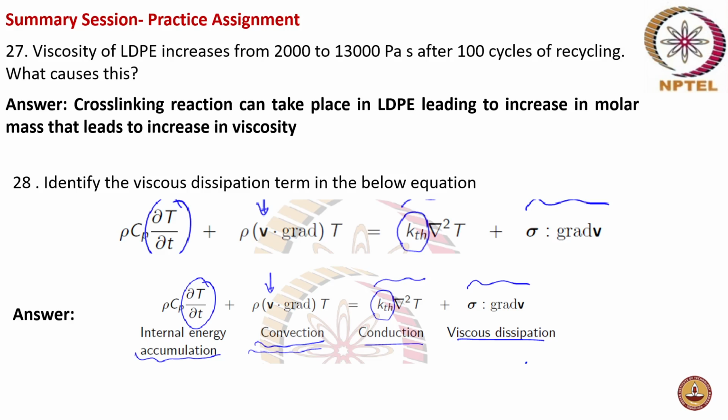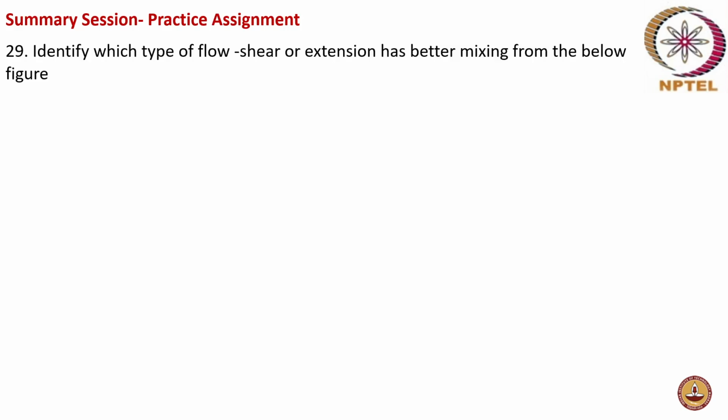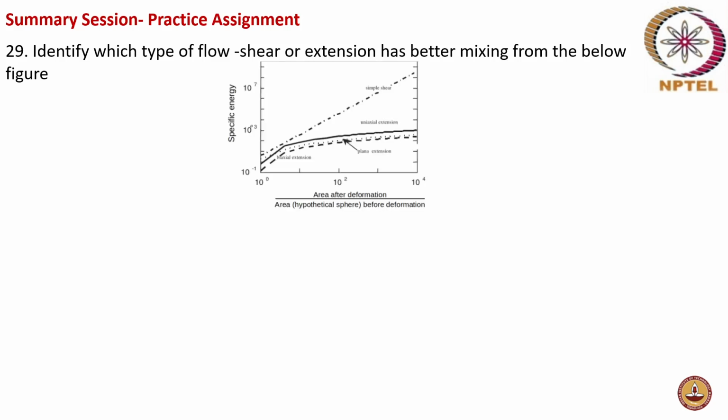Okay. Now let's go on to the next question. Identify which type of flow, shear or extension, has better mixing from the below figure. You have specific energy on the y-axis and area after deformation by area of the hypothetical sphere before deformation.